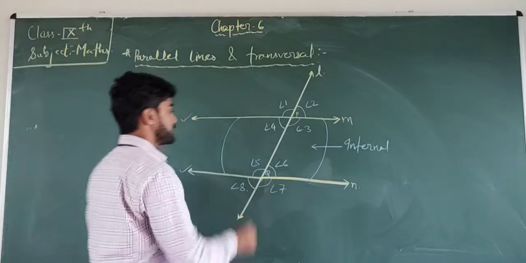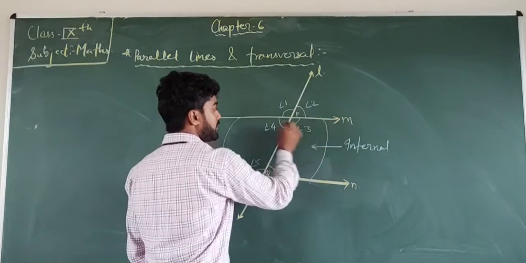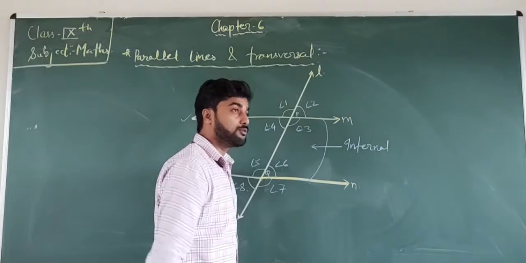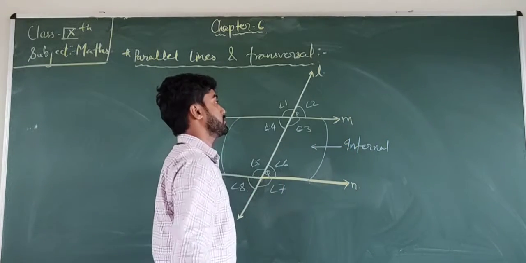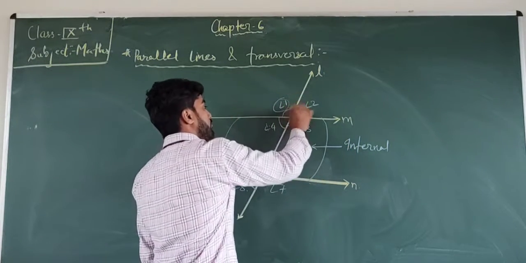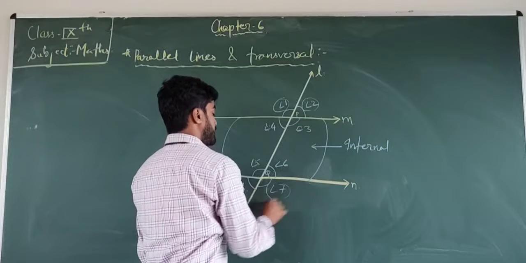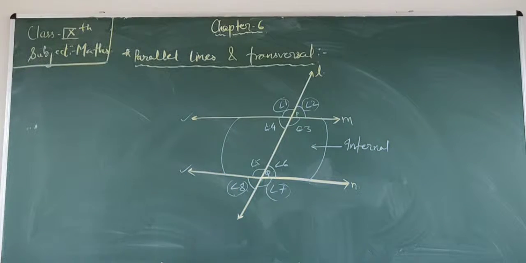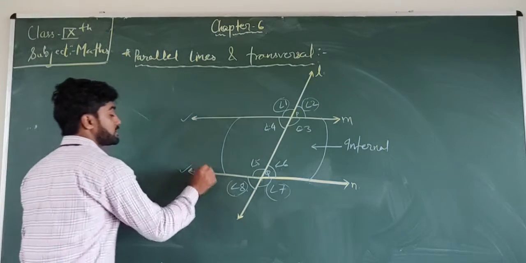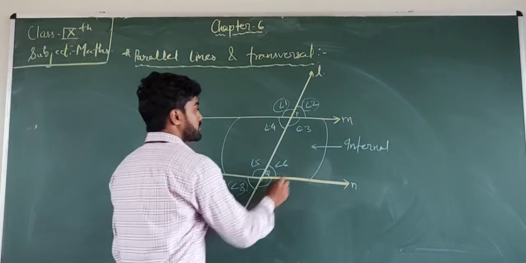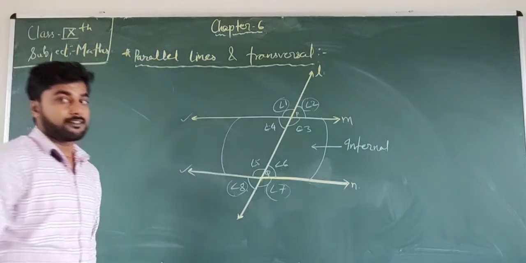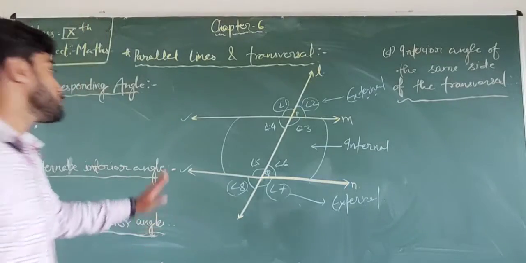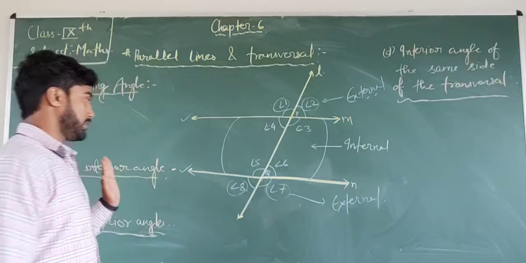These two and these two, that means these 4 angles are interior angles, and angle 1, angle 2, angle 7 and angle 8, these 4 angles are outside of these 2 lines. So these 4 angles are exterior angles. Clear?